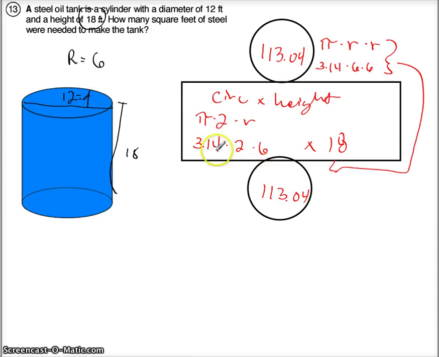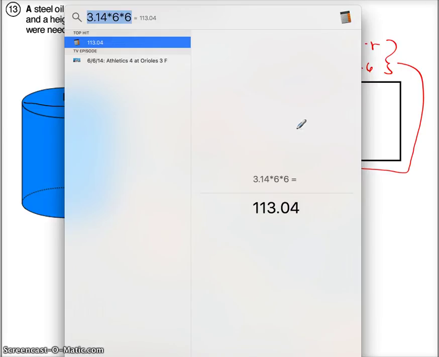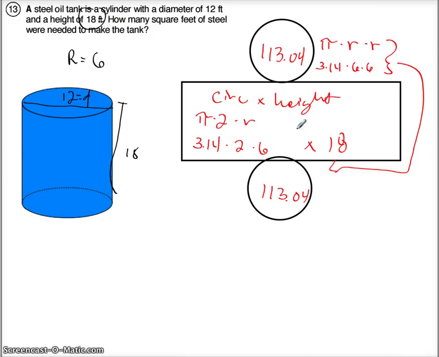But again, I like the radius better because it works with both equations. So I'll multiply all this together: 3.14 times 2 times 6. There's my circumference, times 18, the height. We get 678.24. That is this rectangle section here.